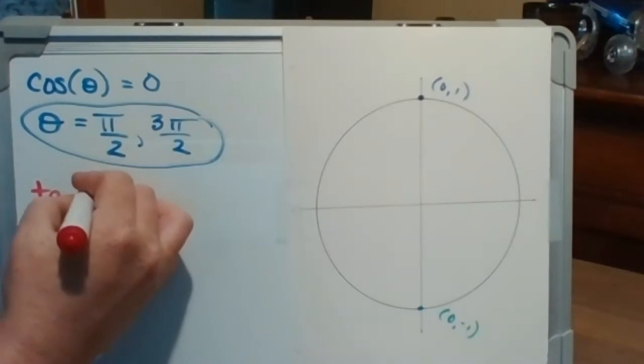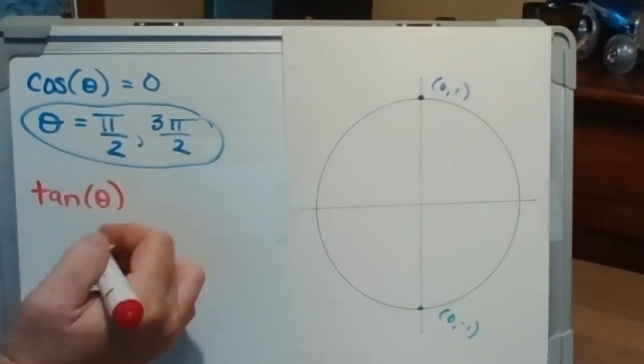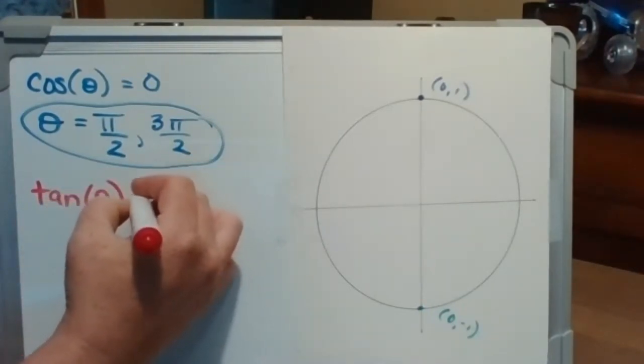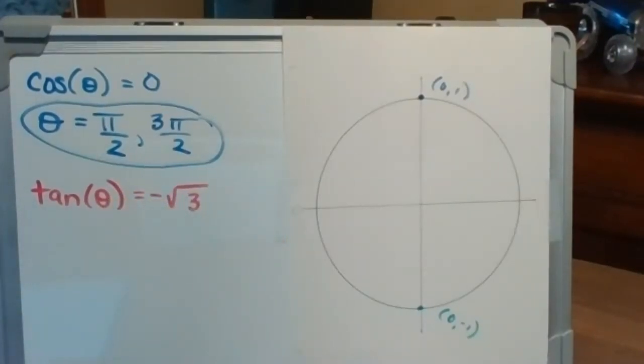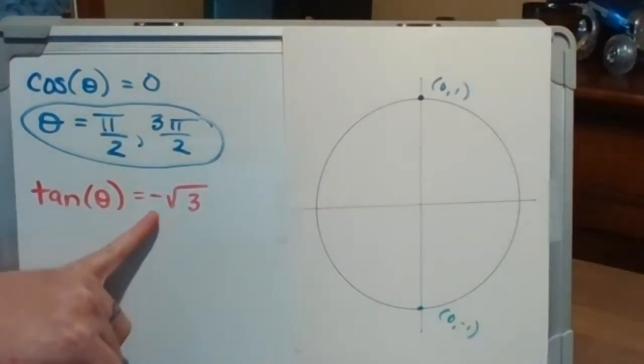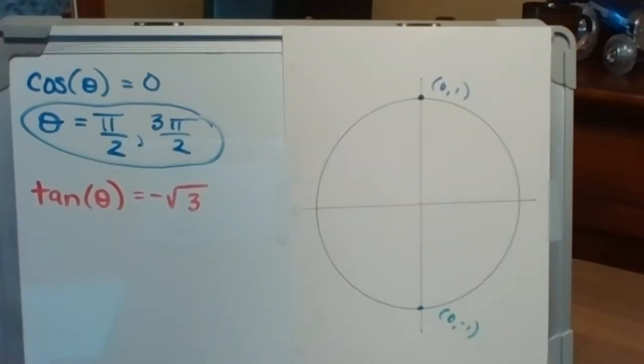Next, let's find what angle from 0 to 2 pi has tangent equal to negative square root of 3. Well, if tangent's negative, which quadrants do I have to be in? Tangent being sine over cosine, or y over x.